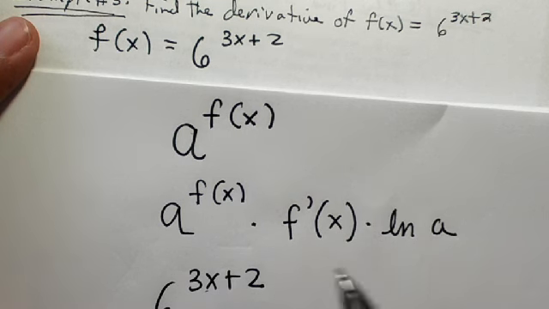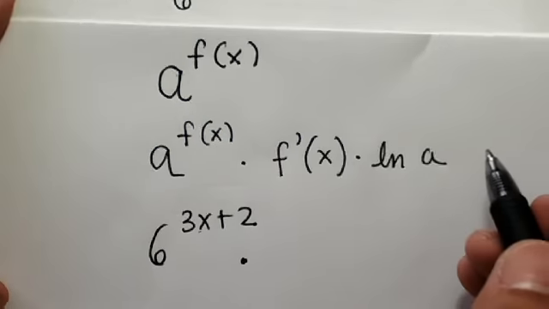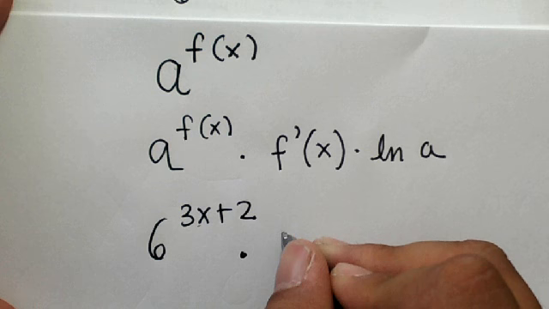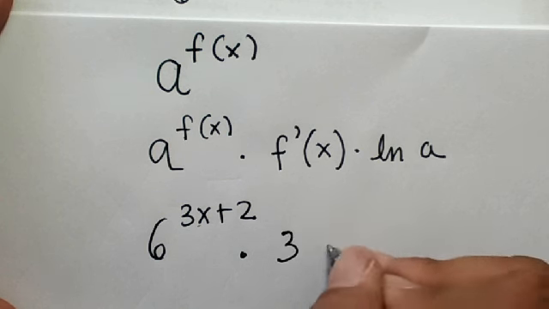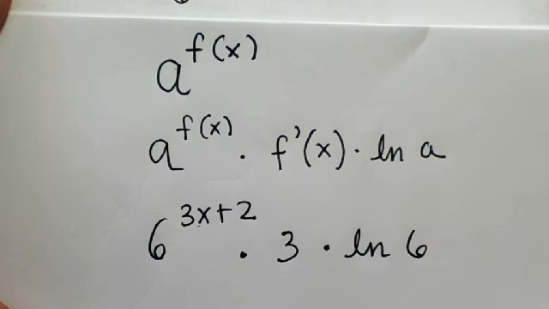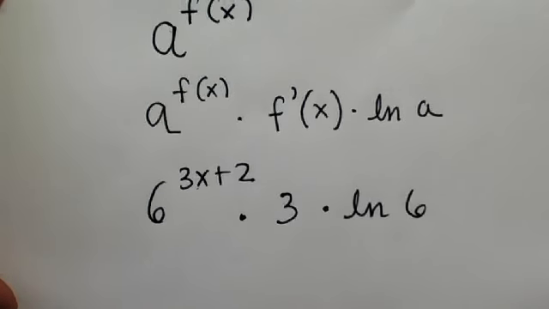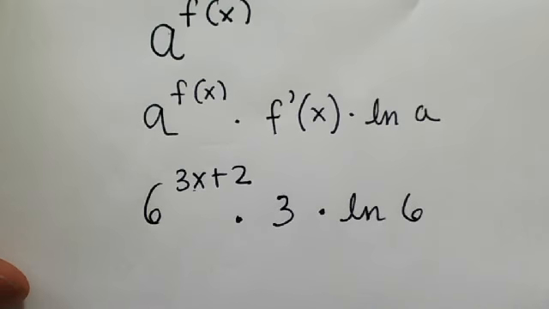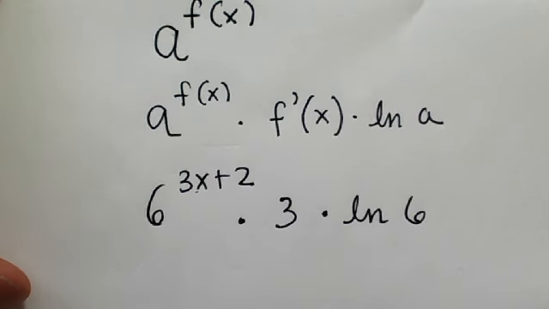What's the derivative of 3x plus 2? Three times the ln of 6. That's all. Example number 3 looks like that. So that is the answer.